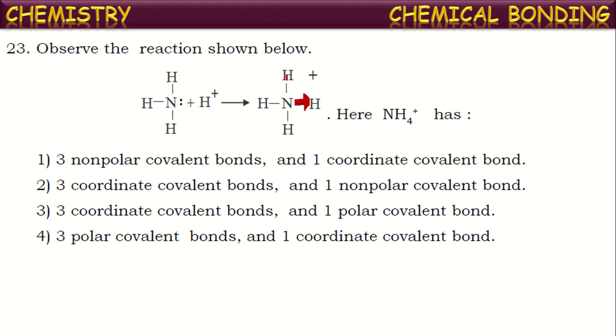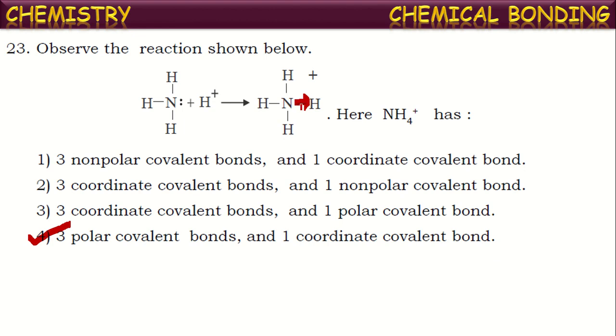With three hydrogen atoms it has already formed three covalent bonds. With the newly coming H+ ion, it forms a dative bond or coordinate covalent bond. What we can say is, NH4+ has three polar covalent bonds and one coordinate covalent bond. This is correct because the three are formed between two different atoms, so they are polar covalent bonds. And there is one newly formed coordinate covalent bond or dative bond.